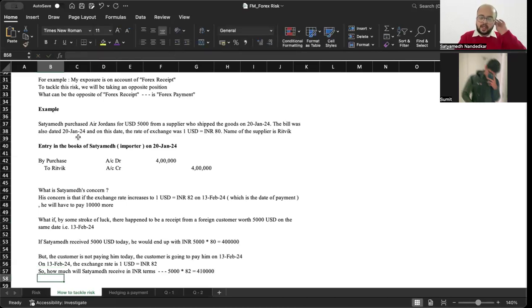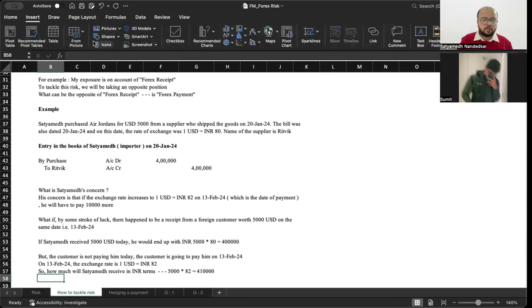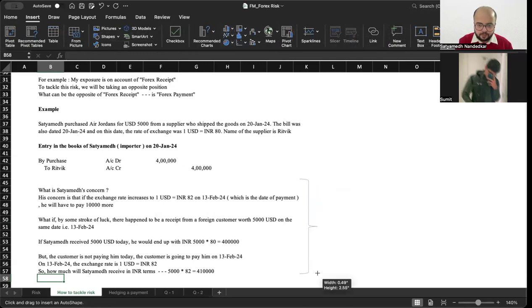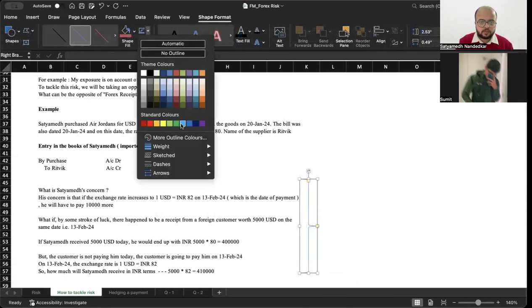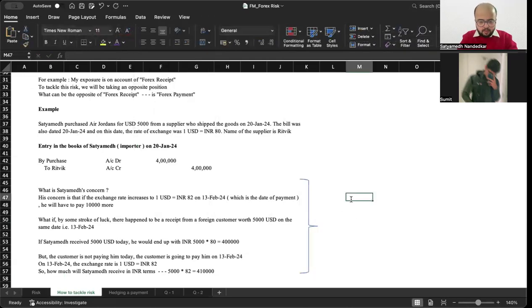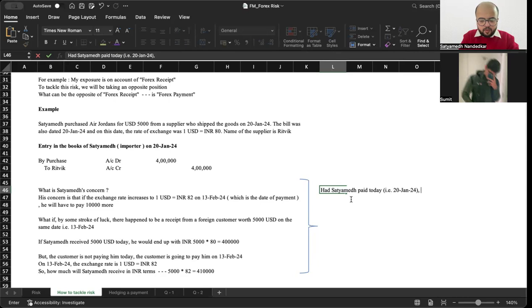Now understand what this situation leads to. Now look here. Had Satyamedh paid today, that is 28 Jan 24, he would have paid 4 lakh.